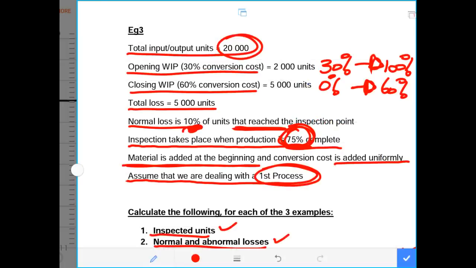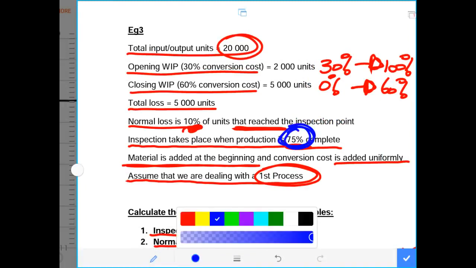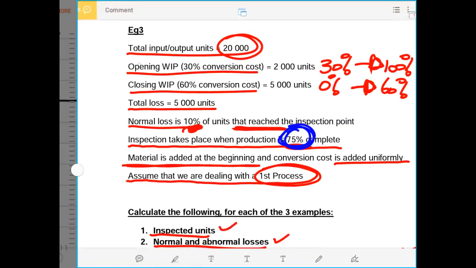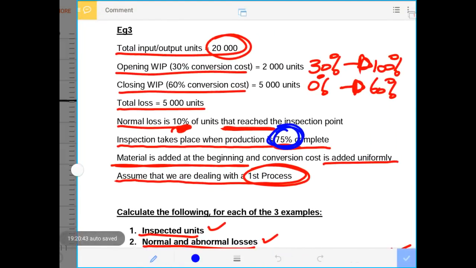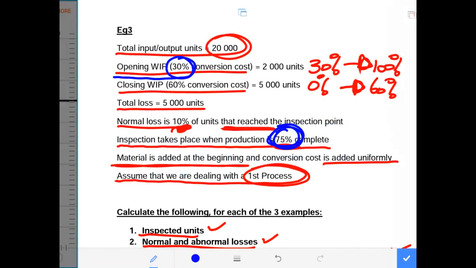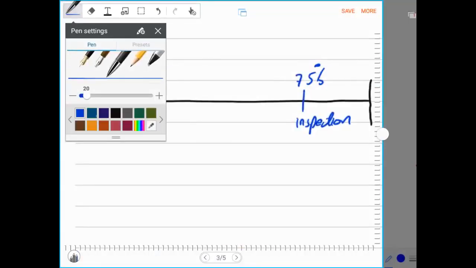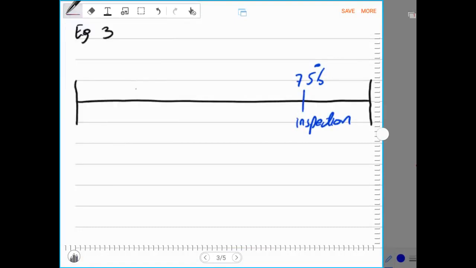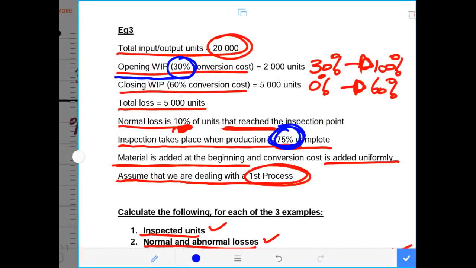Then we go back and check the percentage of the opening, which is given to us as 30%. So our opening is 30% in terms of completion, and we write that 30% somewhere there. That is our opening units, and our closing units is at 60%.